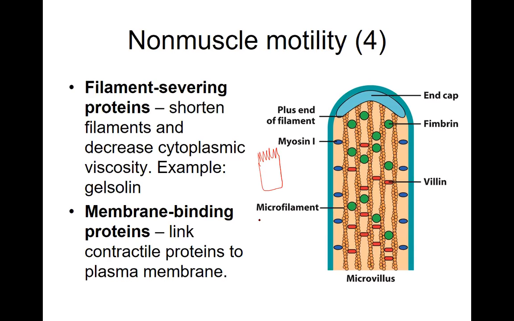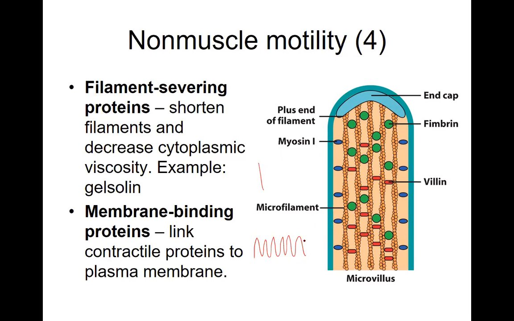Inside these membranous extensions, if I draw a microvillus like this, we have a lot of actin filaments, which gives them the stability and the shape. These actin filaments are cross-linked with villin, and this makes them very, very stable, and they are very long-lived until the cell actually dies.